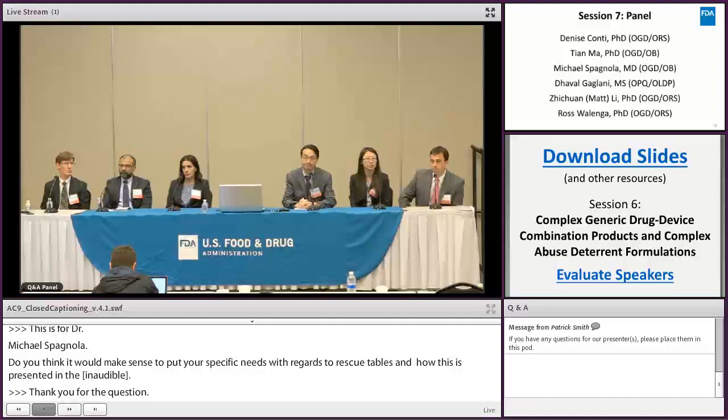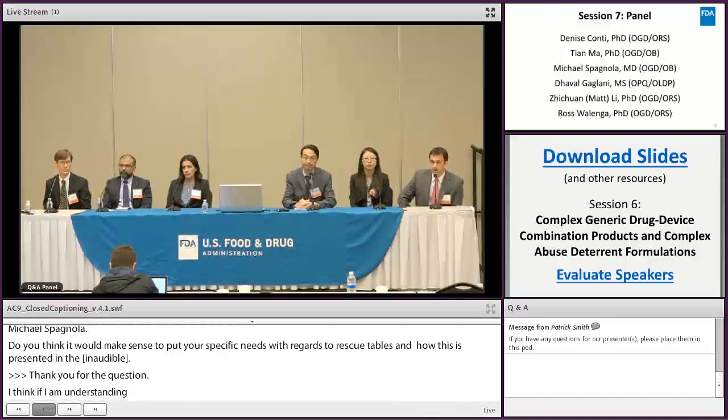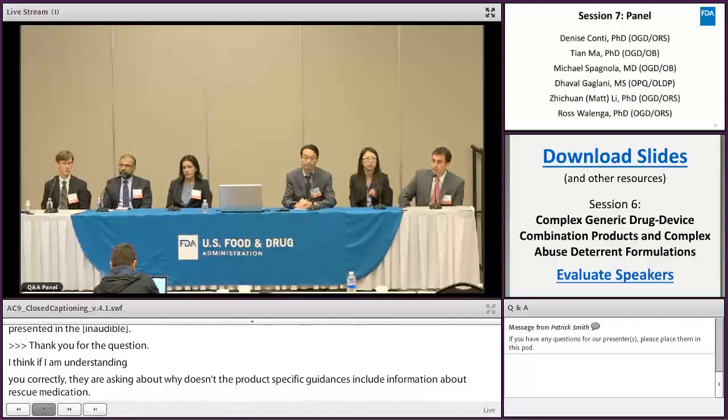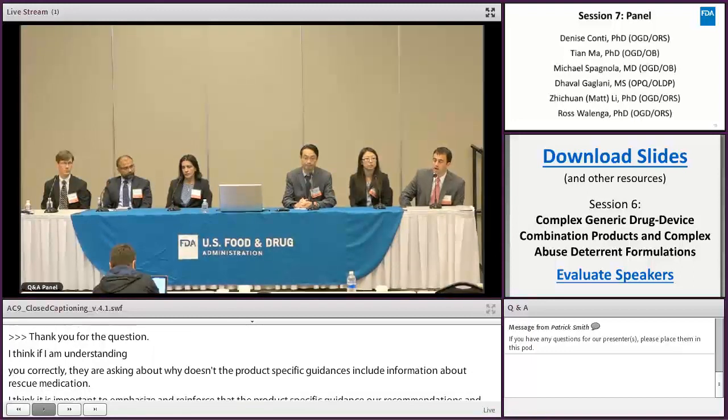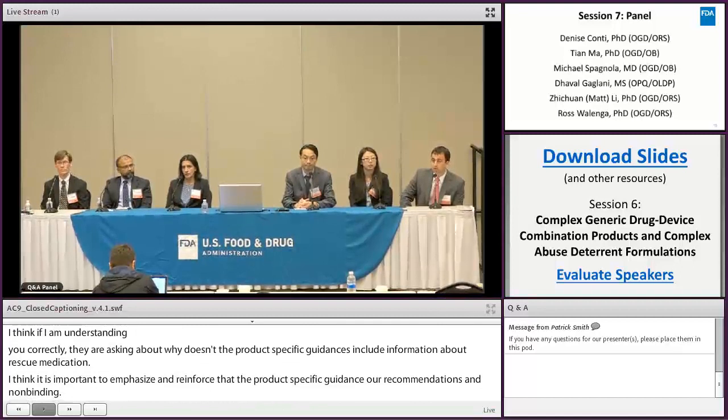And I think it's important to emphasize and reinforce that the product-specific guidances are just our recommendations. They're non-binding. And so there are important things to define in the study design and in the study protocol that are not included in the product-specific guidance. These are not supposed to include everything in the study design that you should take into consideration.